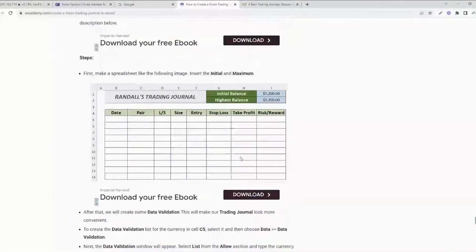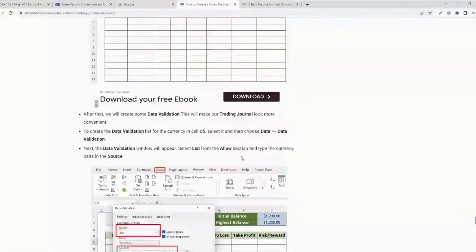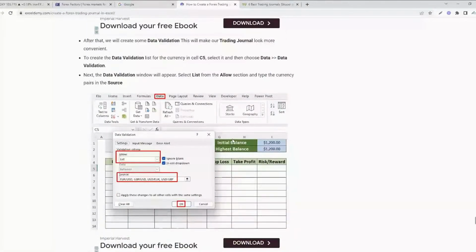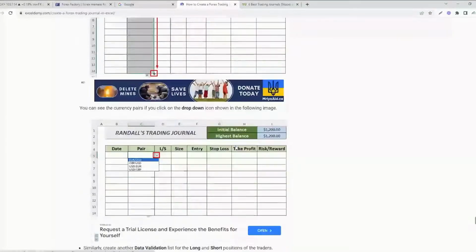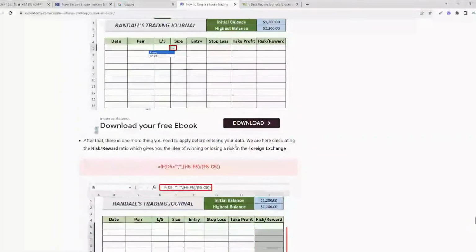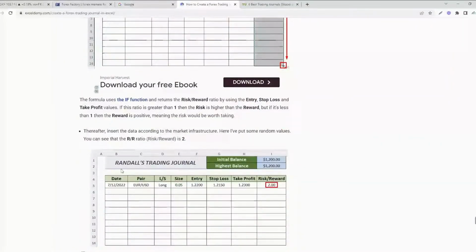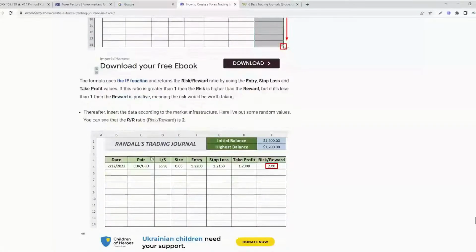So it's fairly straightforward. And of course, there's also various videos on YouTube to help you start your first manual trading journal if you run into a bit of trouble or difficulty trying to set it up. And of course, you can add any other columns that would be of importance to you.